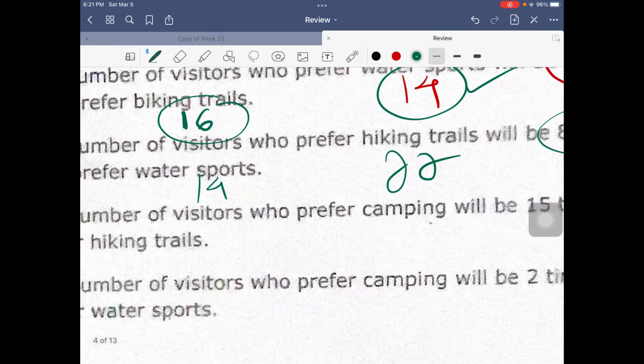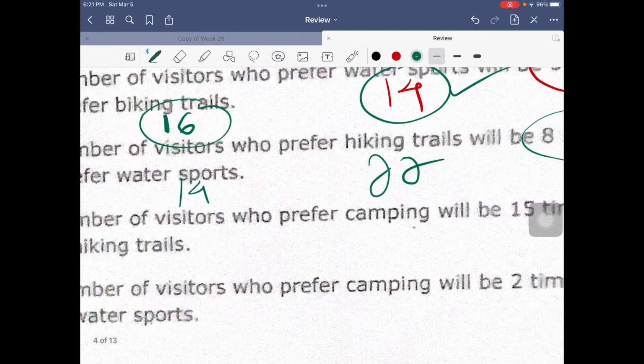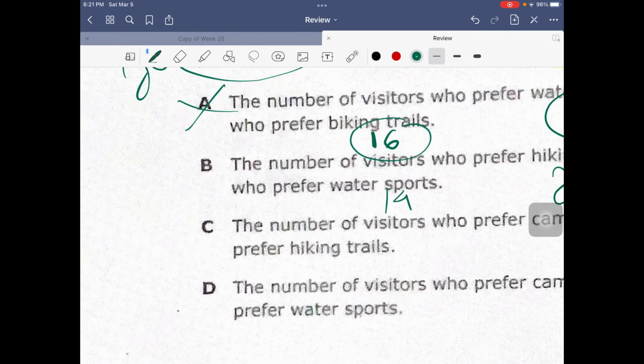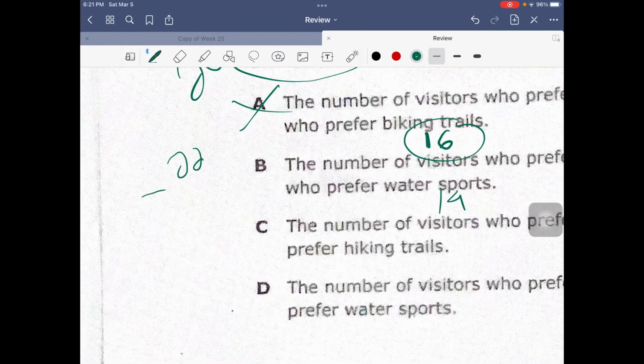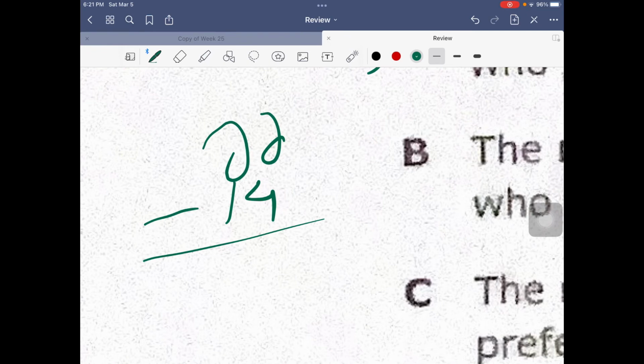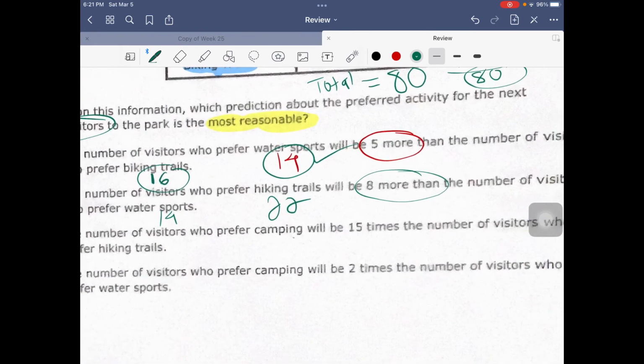Is 22 8 more than 14? Oh, let's check. 22 minus 14. Can I subtract 4 from 2? No, I have to borrow. This becomes 1, this becomes a 12. What's 12 minus 4? 8. So yeah, it is 8.